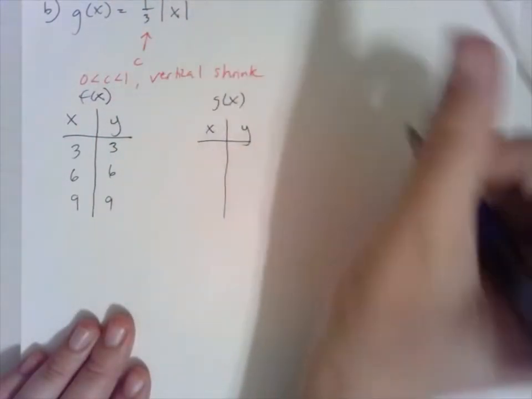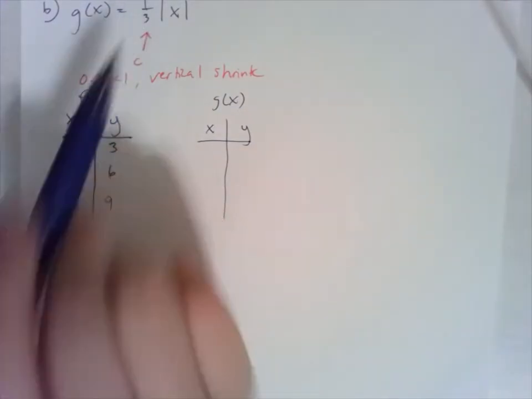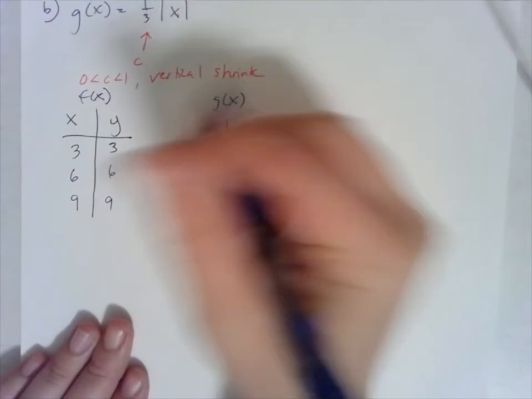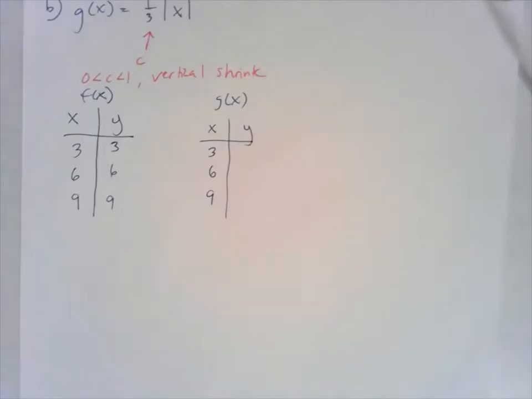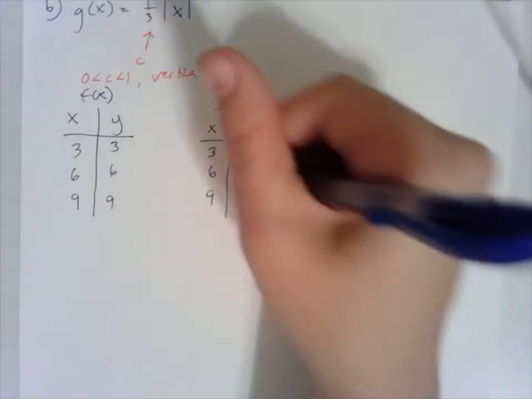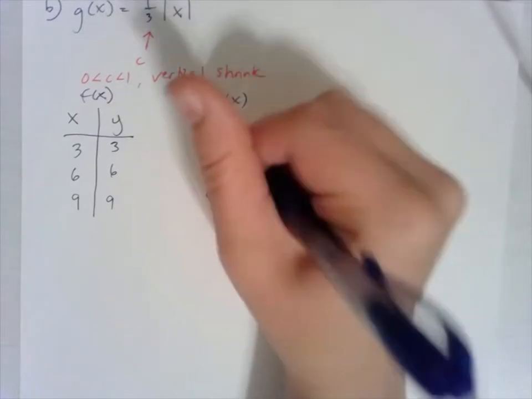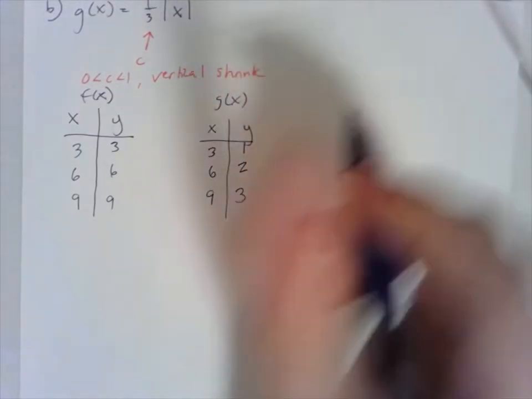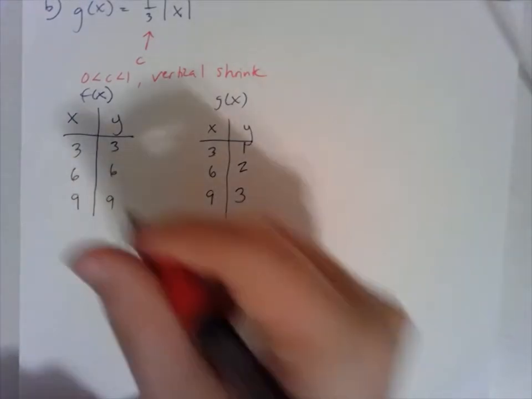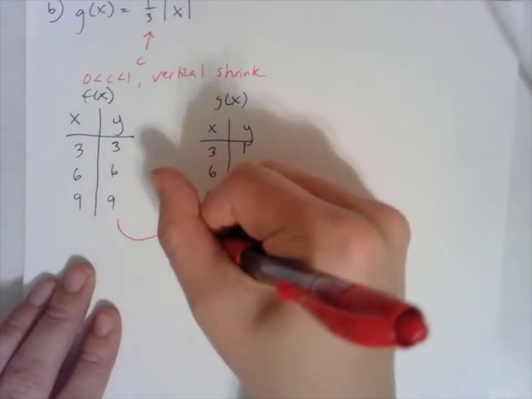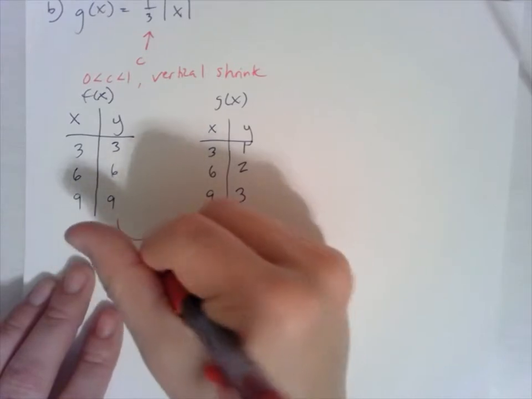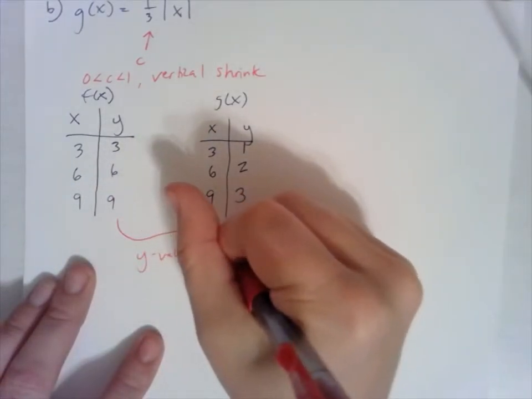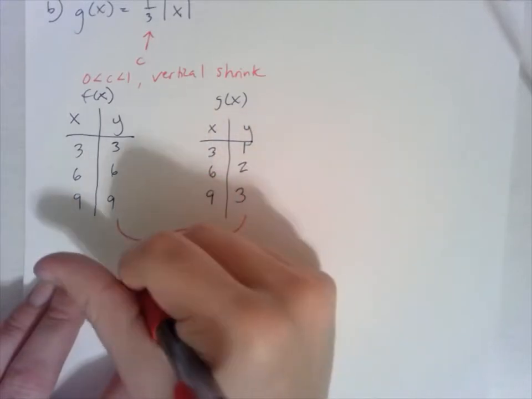So if we substituted in the 3, the 6, the 9, our y values would now become 1, 2, and 3. And again, the relationship that's happening here is that y values are shrinking by a factor of 1/3.